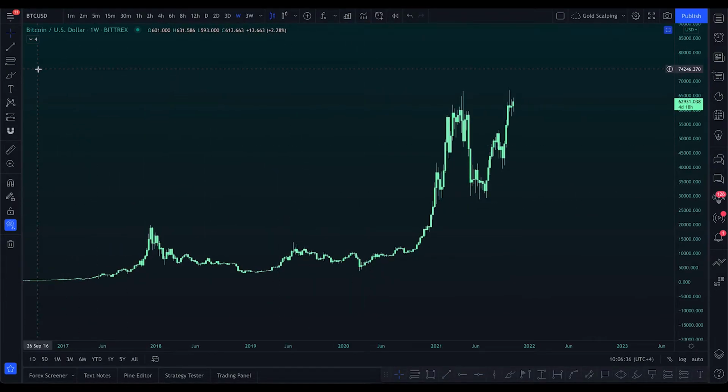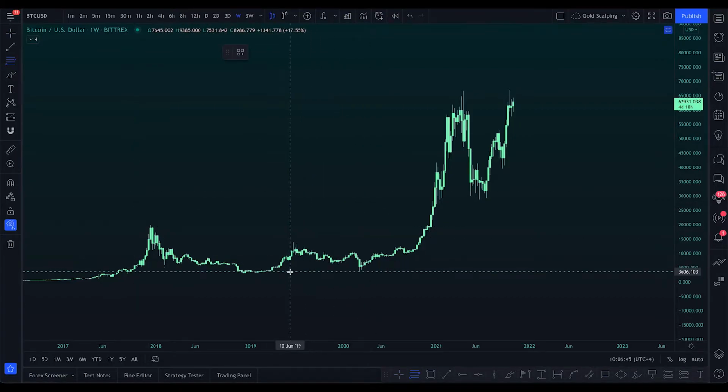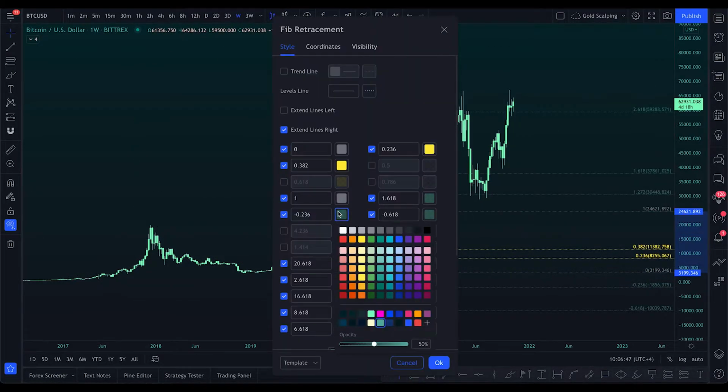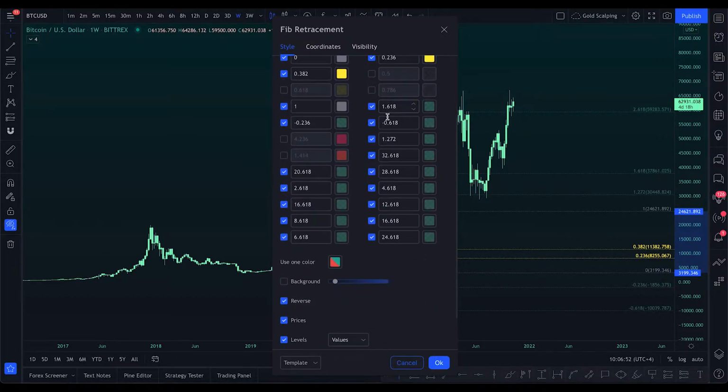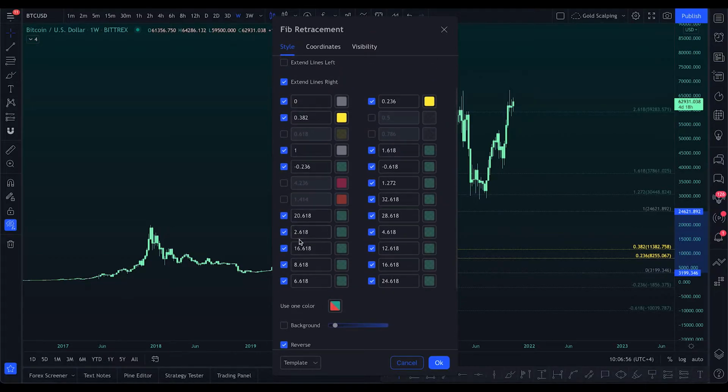Now, let's talk about a second special characteristic, or special feature, of the Fibonacci. As I explained before, I have more levels than just the usual golden pocket. I have all the way up to 32. And what do I do here?